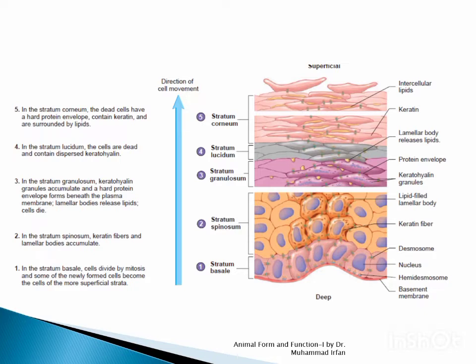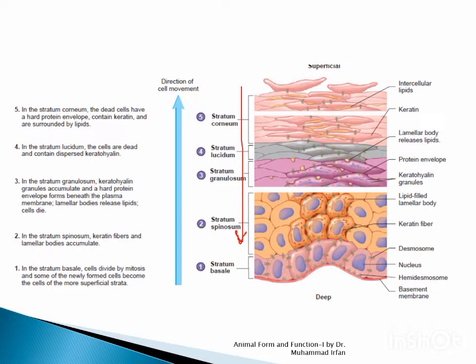However, from top to bottom, we can see different layers of cells that have different shapes and different levels of keratin deposit in them. So we can classify the epidermis of mammals into different layers or strata.